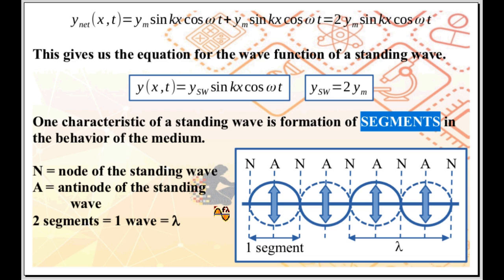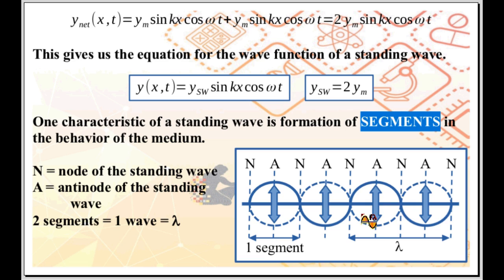Now, the standing wave is still periodic. One whole wavelength is still basically a sine function. One whole wave is comprised of two segments. So, two segments will make up one wave.